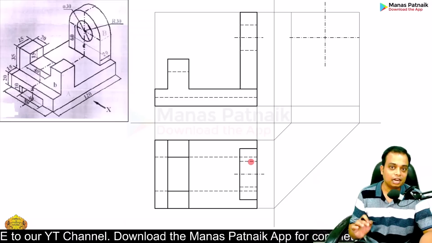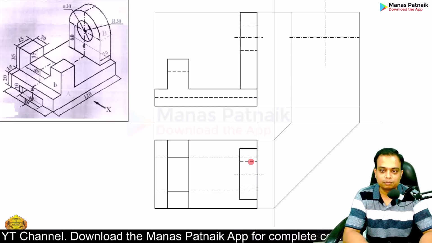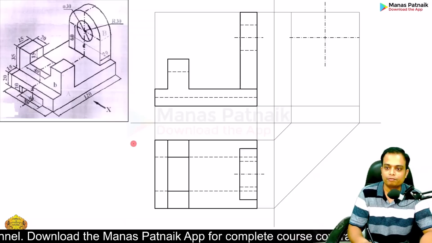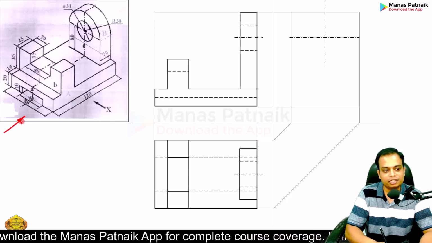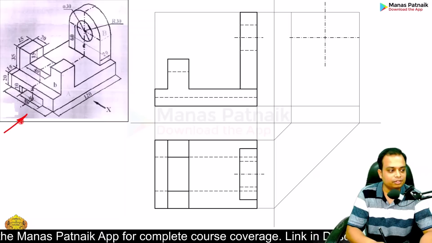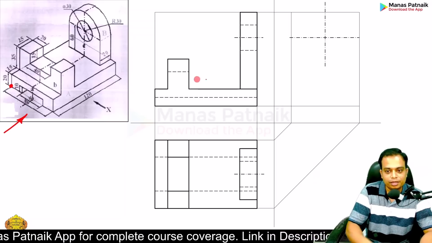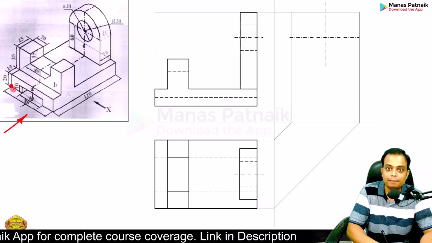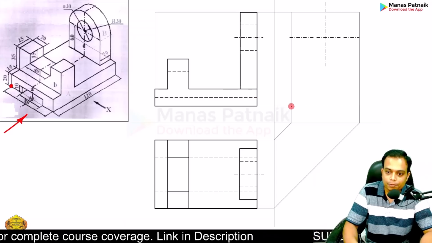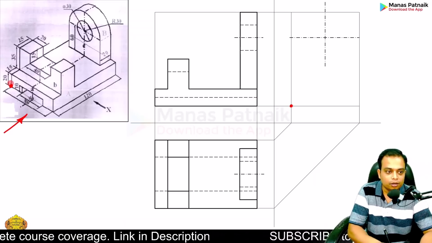Is there anything else left in the top view? I don't think so. Now we can get going with the side view. This is the left hand side. Okay, we are watching it from the left hand side. Let's start from over here, and this is the point that I made on the pictorial drawing. Same point in the orthographic drawing.